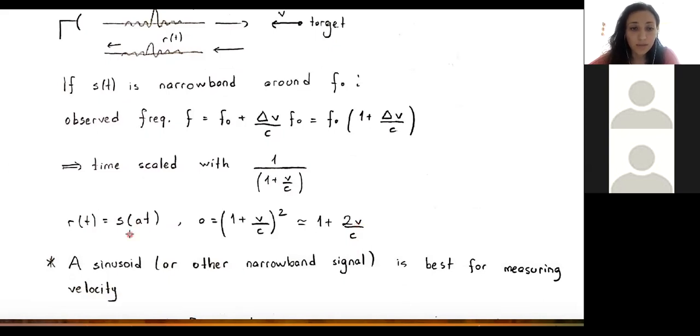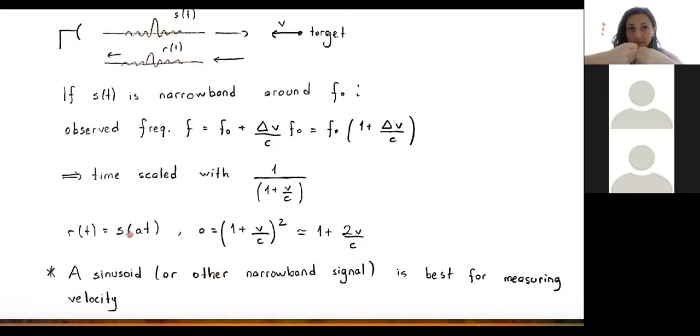So if you can measure how much your transmitted signal is squeezed or enlarged, from that scaling information you can understand the velocity. If you can measure A, the scaling amount, you can also get the velocity of your target using this equation.